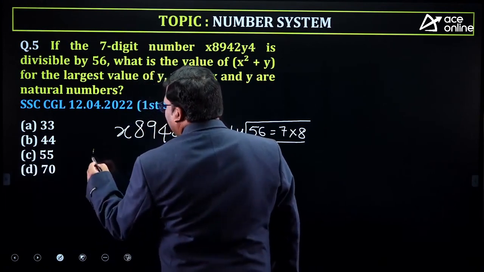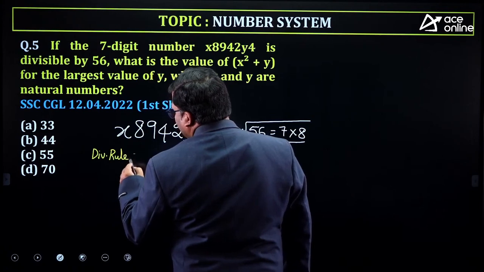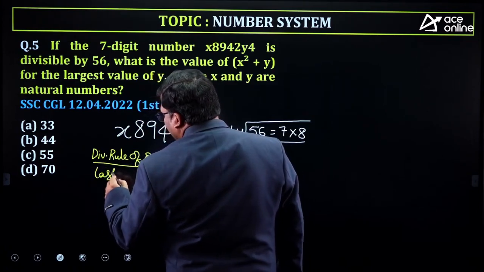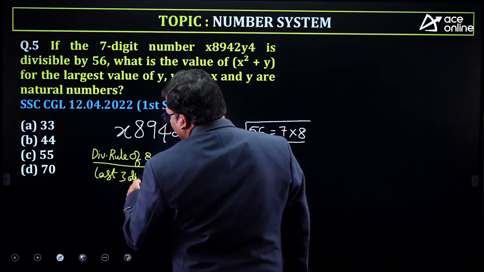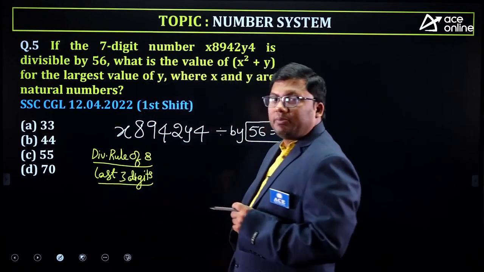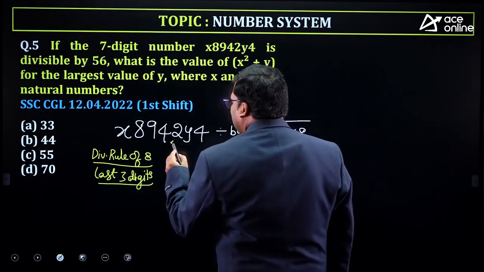What is the divisibility rule of 8? The last 3 digits should be divisible by 8. What are the last 3 digits? These are the last 3 digits.